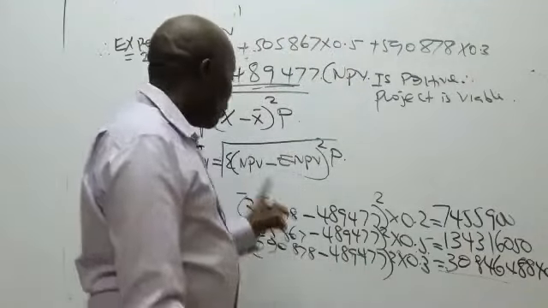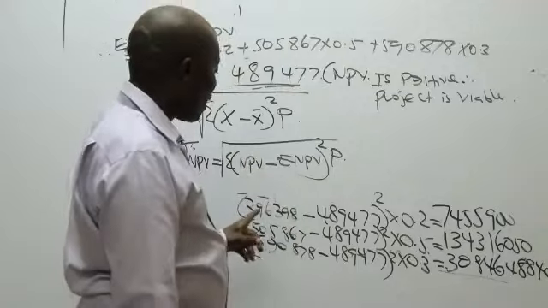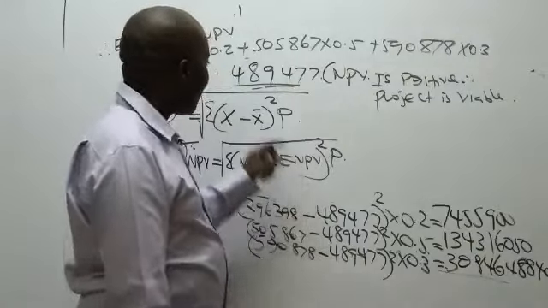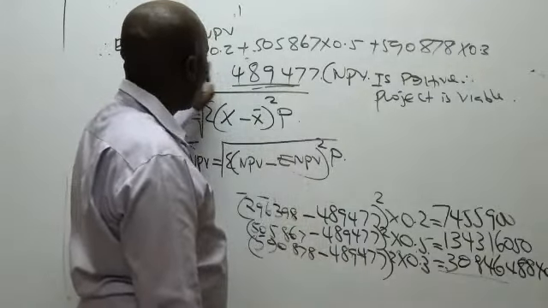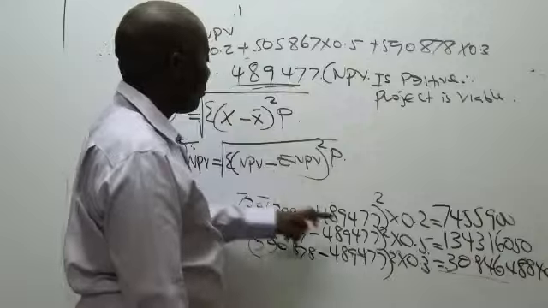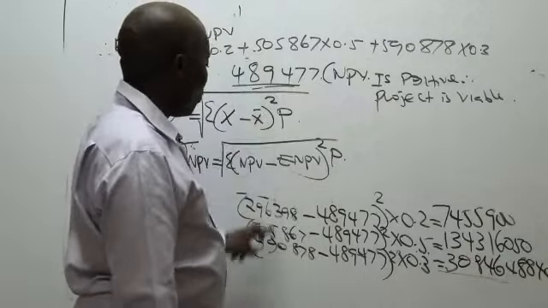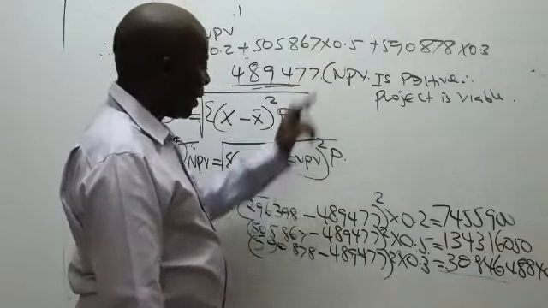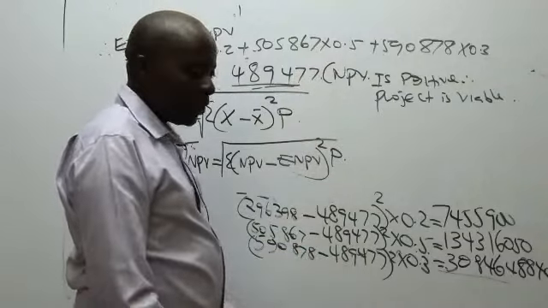Why did you not take 296,398 minus expected NPV for the first one, right? This one here, put here. Second one, you put expected net present value for the second one. The third one, you put expected net present value for the third one.